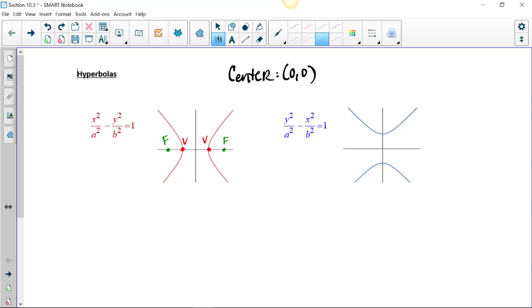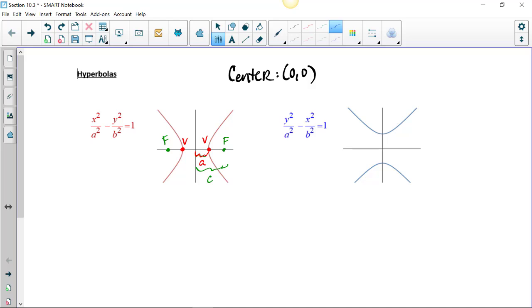We have the same situation as with our ellipses: the distance from the center to each vertex is a, and the distance from the center to each focus is c. Now, when we look at what b represents in a hyperbola, we can't really see it in the graph.